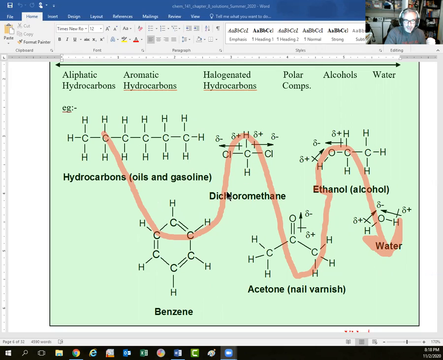Then on to dichloromethane with polar covalent carbon to chlorine bonds, polar bonds which would allow for dipole to dipole interactions. Likewise with acetone, except stronger because there's a bigger difference in electronegativity. And then onto molecules like ethanol, and then finally water, which have a capacity for hydrogen bonding, and then a 100% capacity for hydrogen bonding in the case of water.